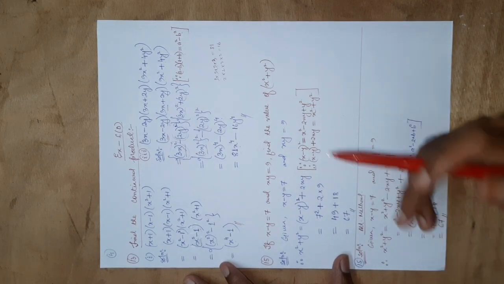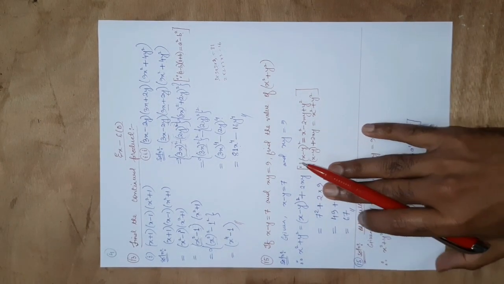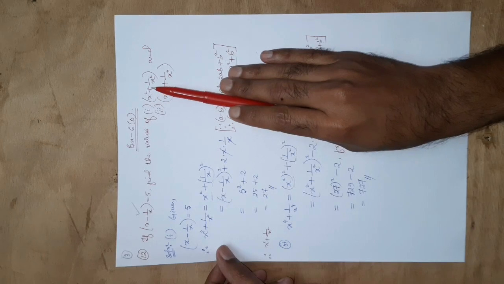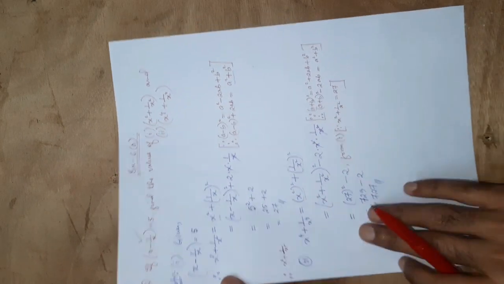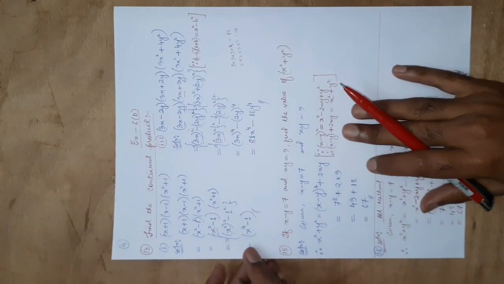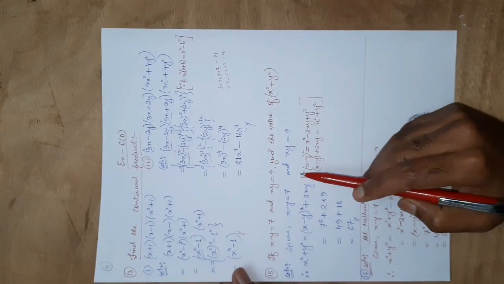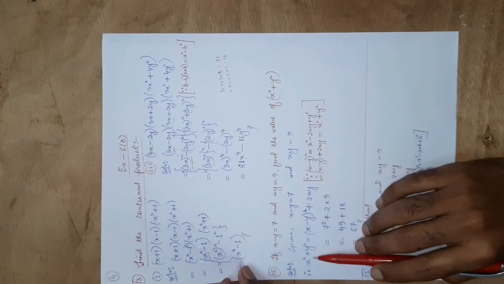How can we convert? As I have shown already in one of my problems like this, here you can see in this number 12. I have shown how to convert. Here also we'll do the same. Okay, let's see. x square plus y square.